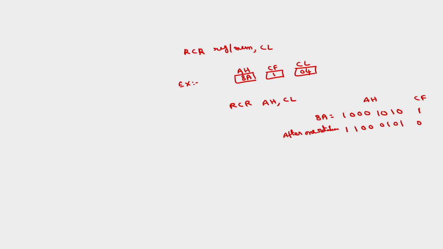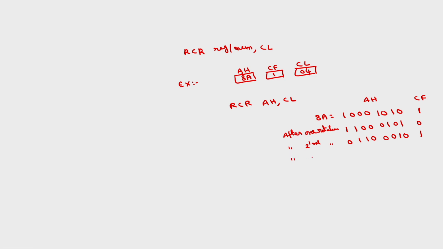This is after one rotation. After second rotation, again this carry flag will come here, 0 1 1 0, and all bits will be shifted, 0 1 1 0 0 0 1 0, this carry becomes 1, this 1 will be shifted to here.